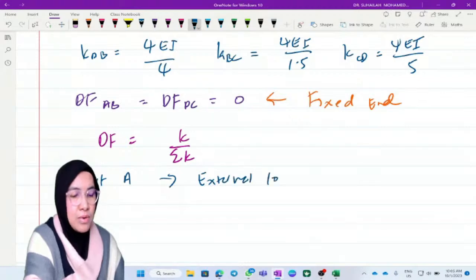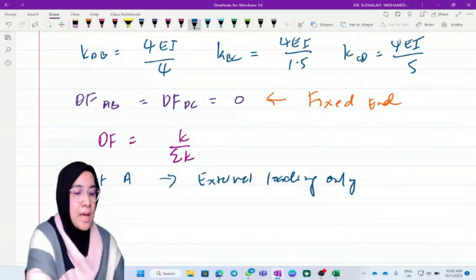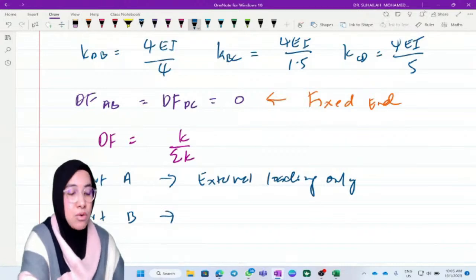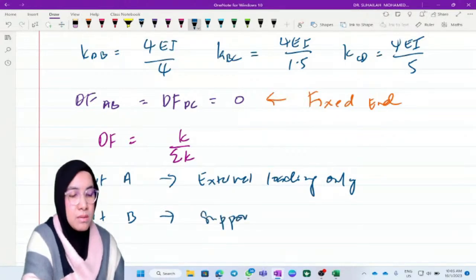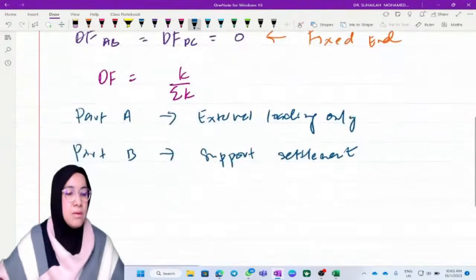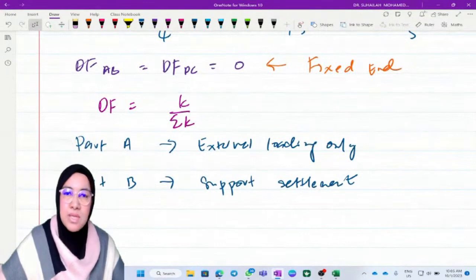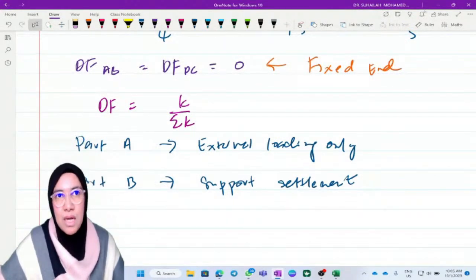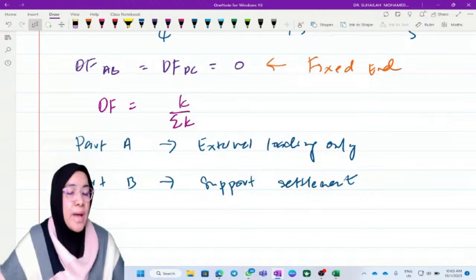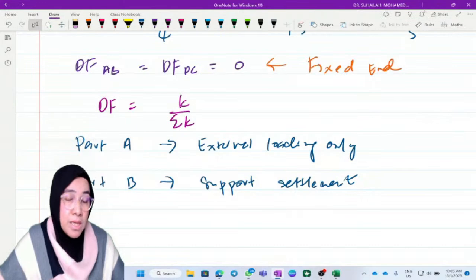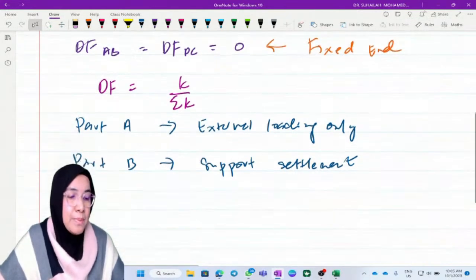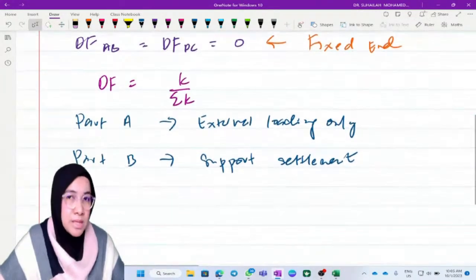And in part B, we will calculate based on support settlement only. Part A means that we have to calculate the fixed end moment due to external loading only. The formula is normally given in the appendix during examination. And part B, we will consider only support settlement.